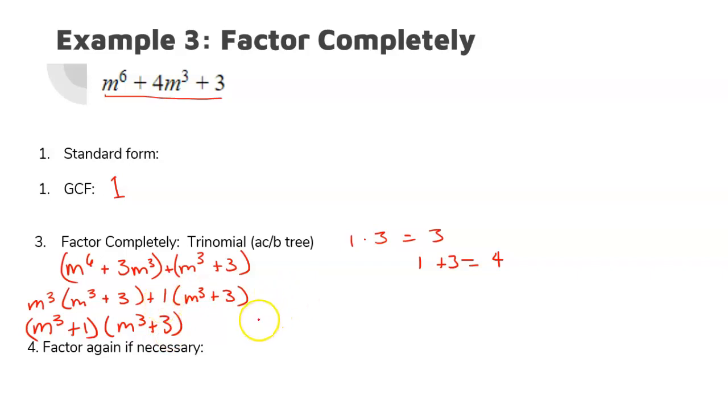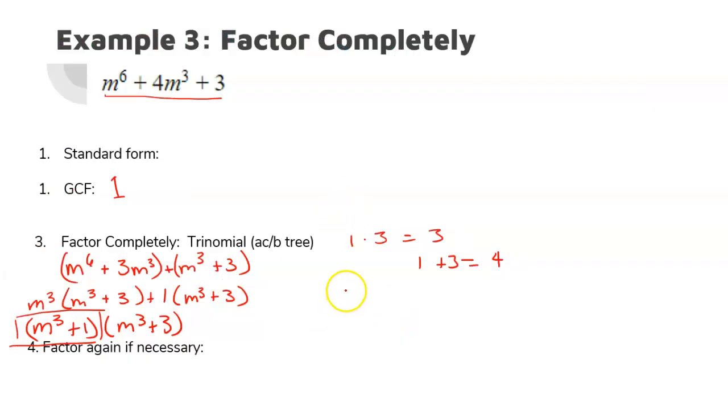Now if I look closely, I can see that my first term right here is actually the sum of 2 cubes. 1 cubed is still 1. So I'm going to have to go ahead and use my sum of 2 cubes formula.